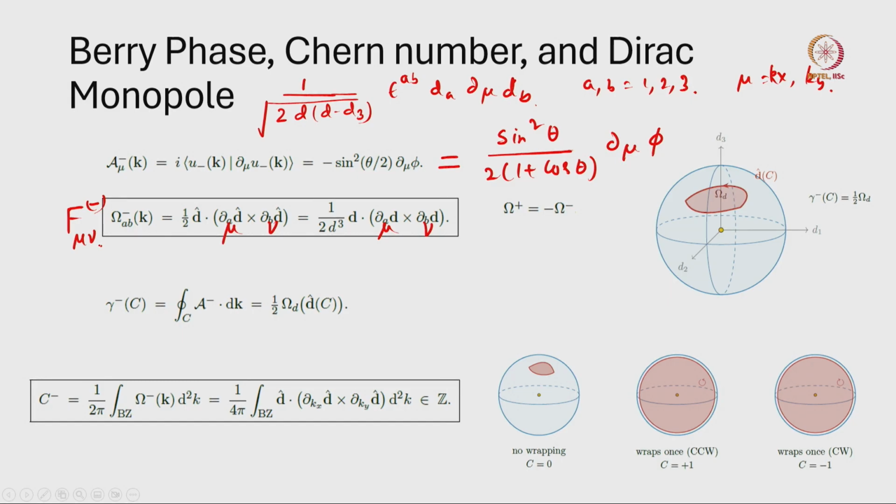And we identify this, and if you write in terms of D, then we identify that this term is nothing but the solid angle in theta and phi, right. And this term becomes singular when D goes to 0, when D1, D2, D3 all 3 go to 0.